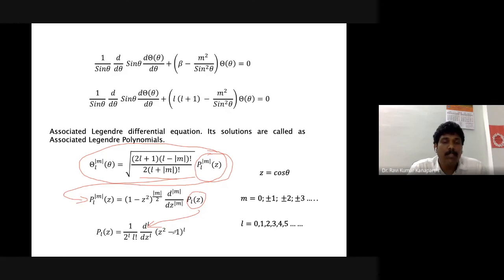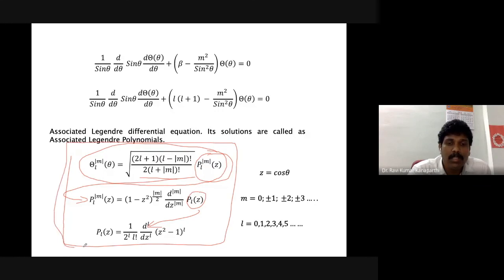Please try to understand and memorize this expression, because it will be useful to calculate the different expressions for the spherical harmonics, and it will help in addressing a lot of CSIR questions as well. These three formulas are very important, because some questions in the internal exam and the final exam can be asked from them.